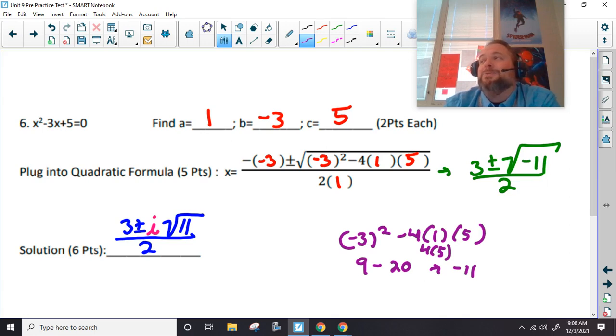We had that earlier this week when we took the square root of a negative number. If it's supposed to have an i in there and you don't, I'll count off, because that's not how it's supposed to be.